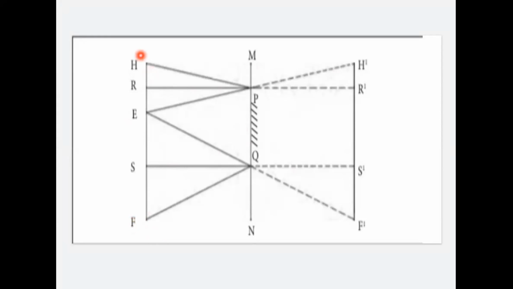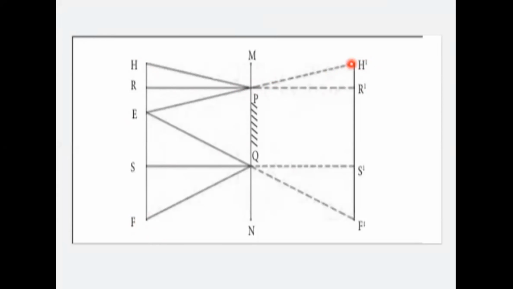Now, dear students, just see how the image will be formed. The rays of light from head and eyes, if you produce them backward at the back side of the mirror, the image will be formed like this.